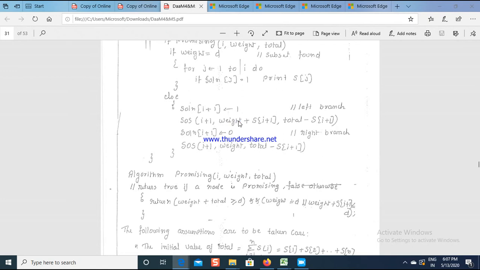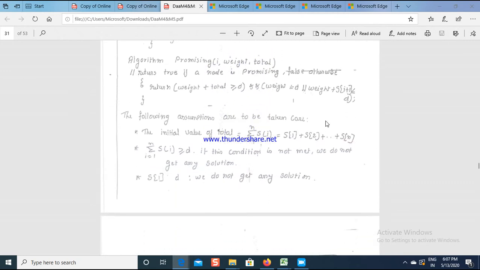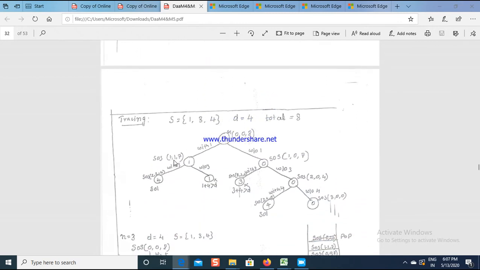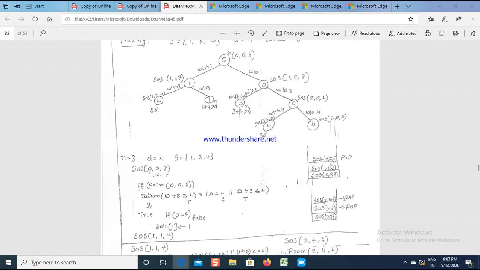Then weight was 0, 0 plus the next element is 1. So it is 1, and total minus the first element: total was 8, 8 minus 1 is 7. That is how we got 117. Now this will be pushed onto the stack.